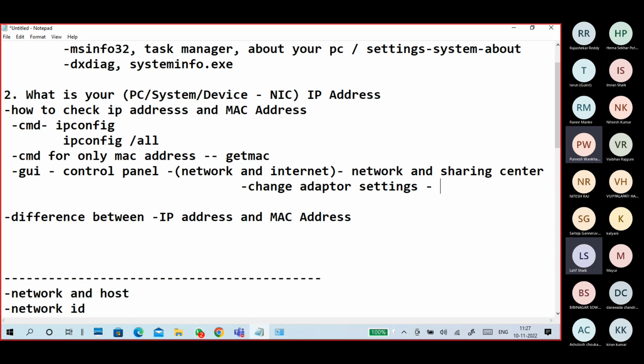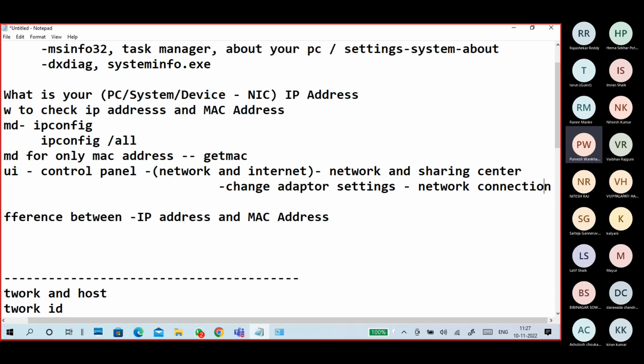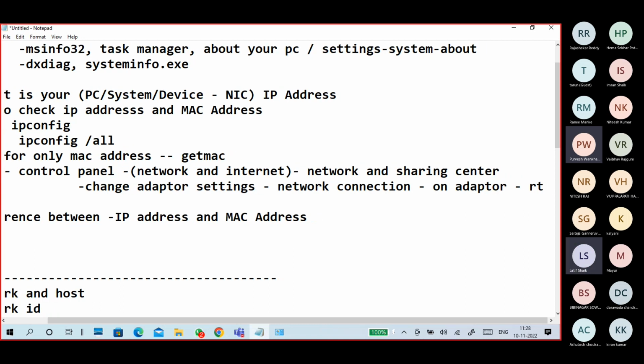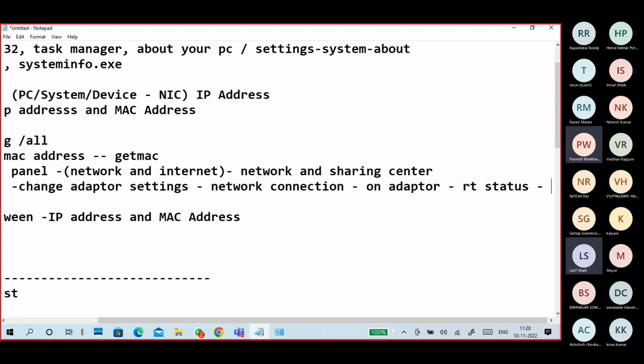Then you find it in the Network Connections window, and directly Network Connections. On the adapter, right click, status, details.